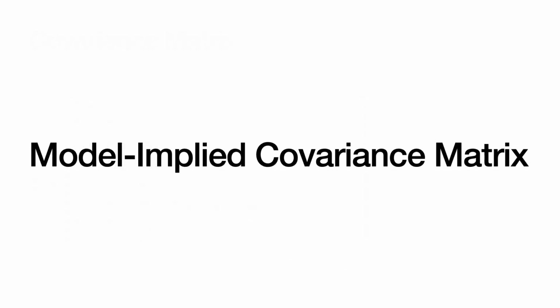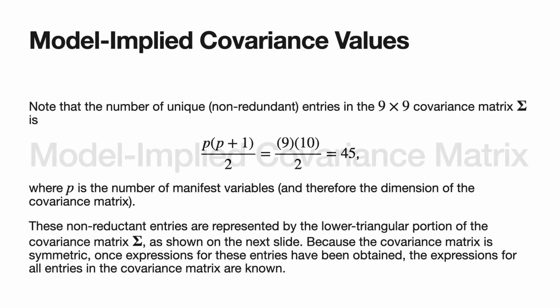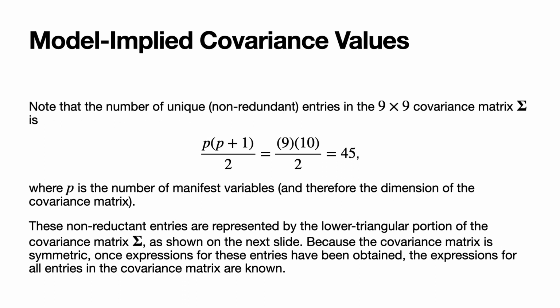Next, let's look at the model-implied covariance matrix. Note that the number of unique, that is non-redundant, entries in the 9 by 9 covariance matrix capital Sigma is given by p times p plus 1 over 2, or in this case 9 times 10 over 2, which is 45, where p is the number of manifest variables and therefore the dimension of the covariance matrix.